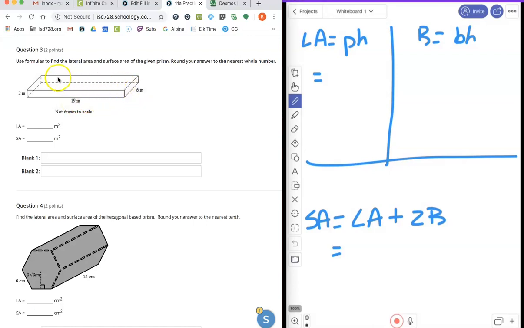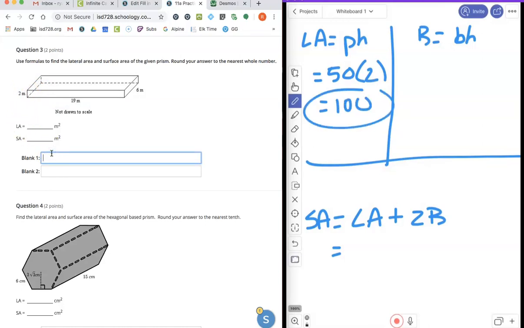So we'll add another 25, a 19 back here and a 6 right here. The perimeter of the bottom is actually just 50. Then the height is how far the bases are apart. The bottom and the top are 2 meters away from each other, so we have a lateral area of 100 square meters for this problem.